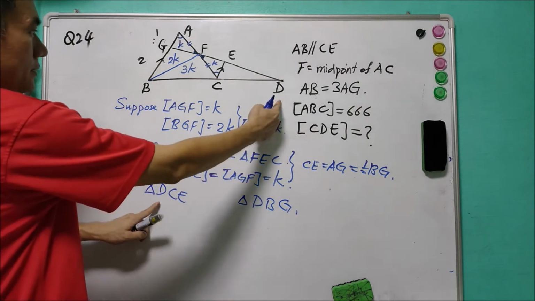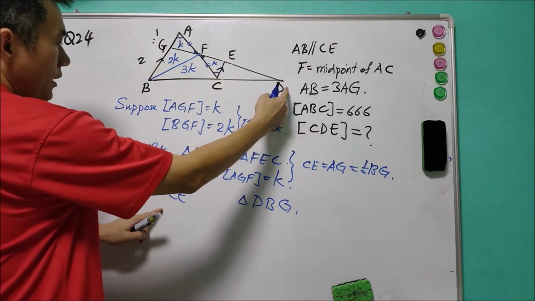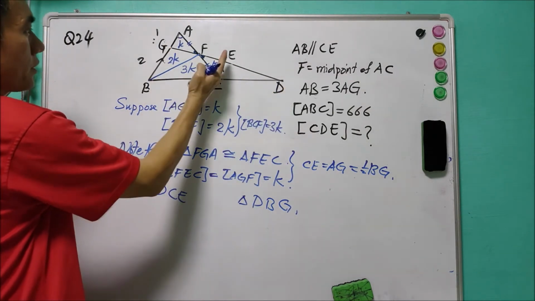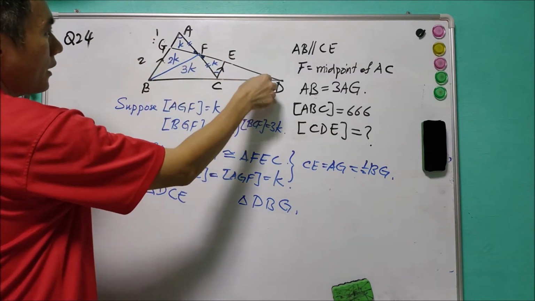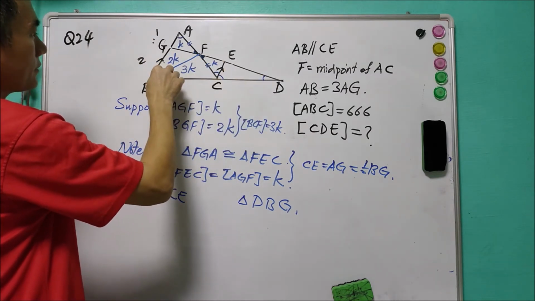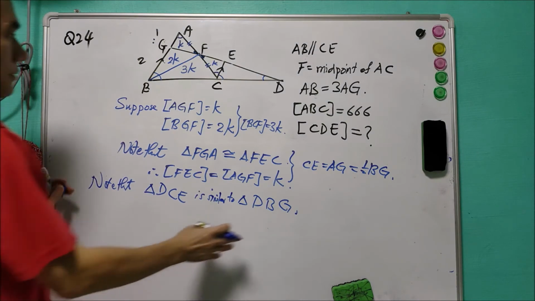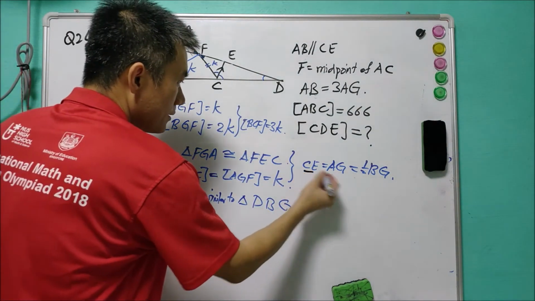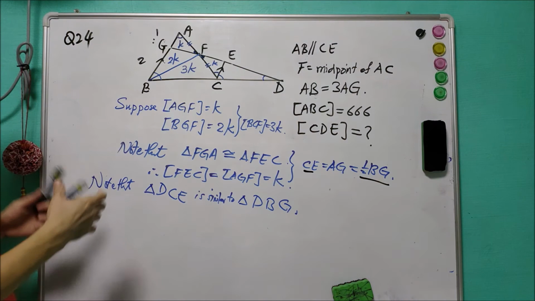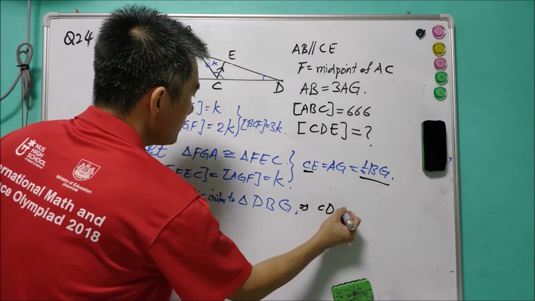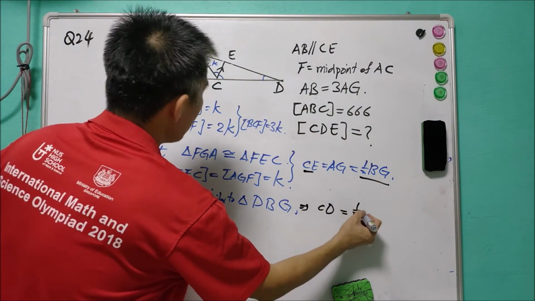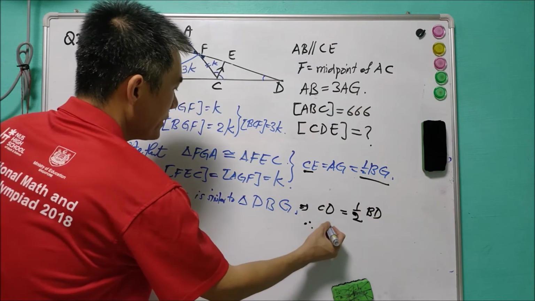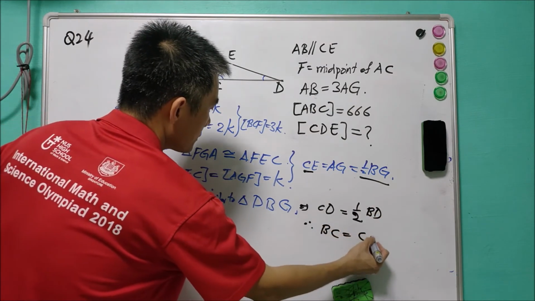Note that the triangle DCE is similar to triangle DBG because these are parallel and they have a common angle. These two triangles are similar, and CE is half of AB. It will mean that CD is equal to half of BD. BC is equal to CD.